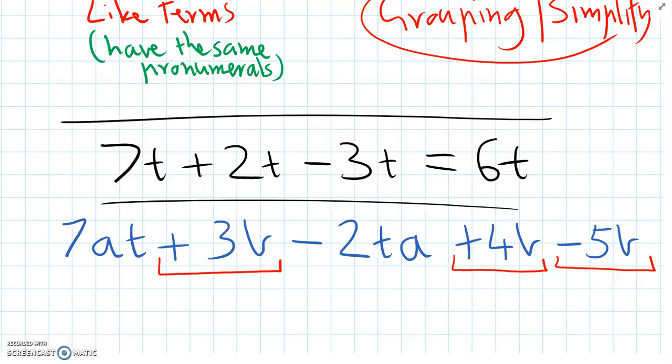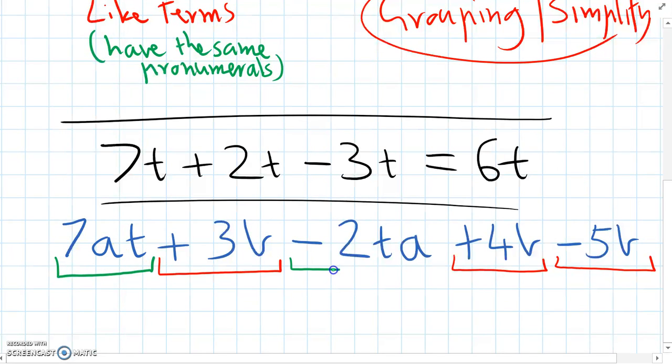We also have 7 times a times t, and take away 2 times t times a. And here, even though the pronumerals are swapped around, these are actually like terms still.